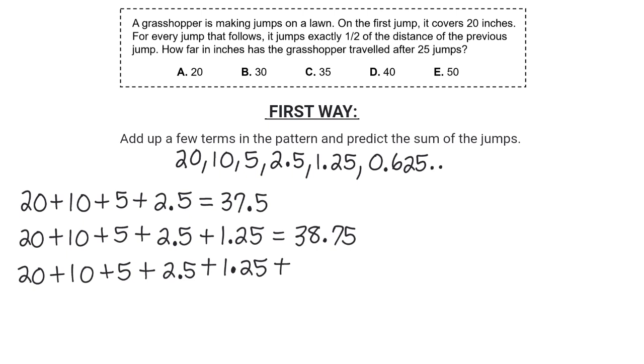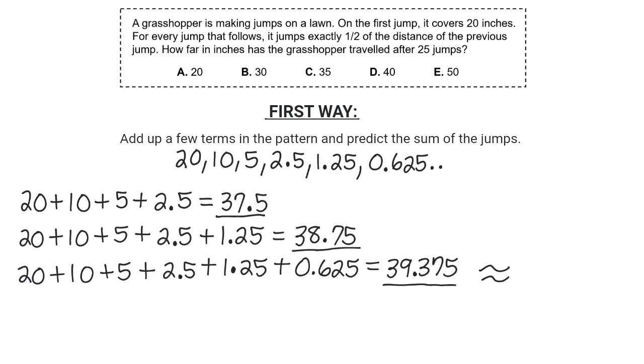And the next term was 0.625. And that gives us a total of 39.375. So you can see that the total distances as we keep going with the jumps, you're starting to slow down and it looks like it's approaching 40. So my guess is that the total of these jumps is going to be about 40 inches. And believe it or not, that is the correct answer. So the answer is 40 and the answer is D.